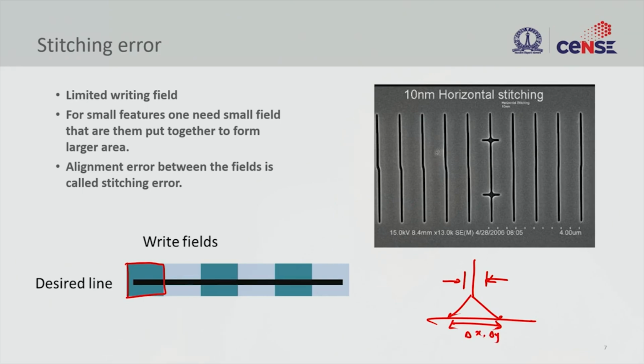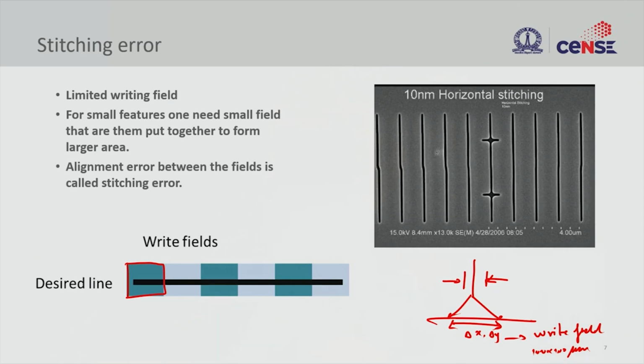This is called the write field, the field within which we can write. This write field can be, let's say, 100 by 100 micrometers. If my area is a 3-4 inch wafer, then it is impossible to write it with this field.